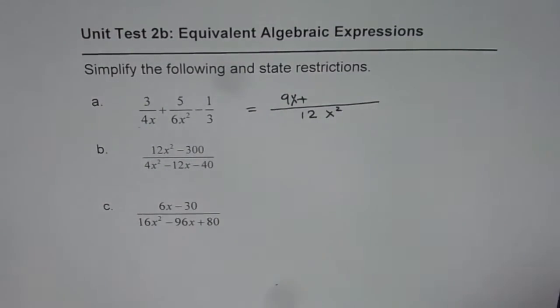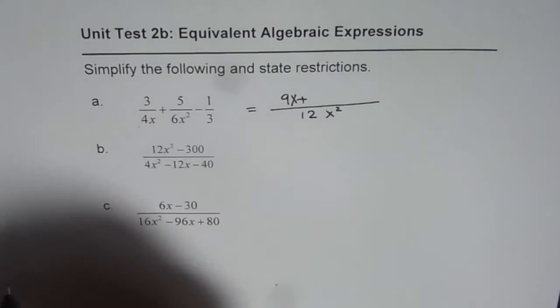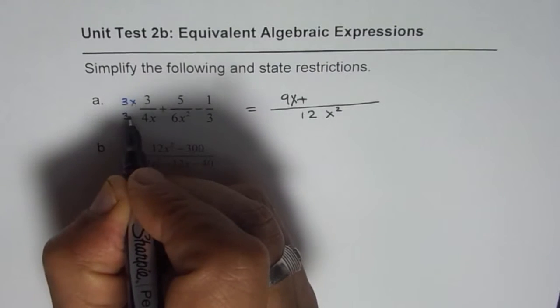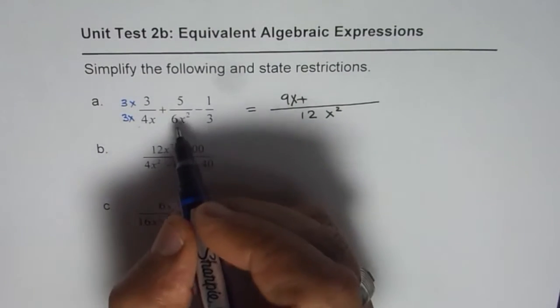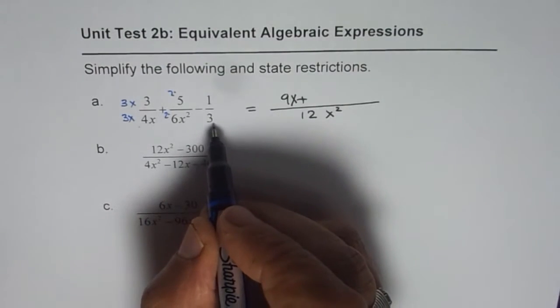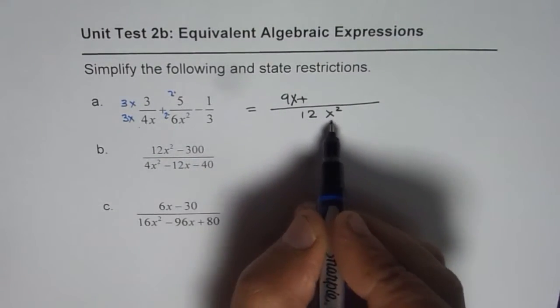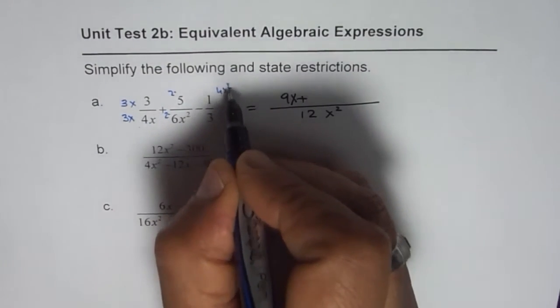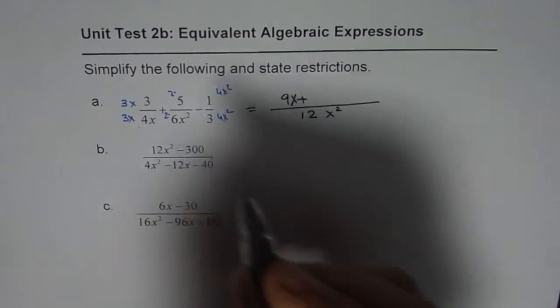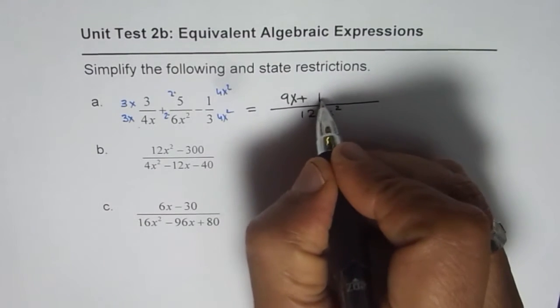That is to say, to get 12x squared, we have to multiply this by 3x, correct? 3x. And this term by 2, correct? So times 2 both. And here it is 3, we need 4x squared, right? So we'll multiply by 4x squared, correct? And then write down our terms. 2 times 5 is 10.